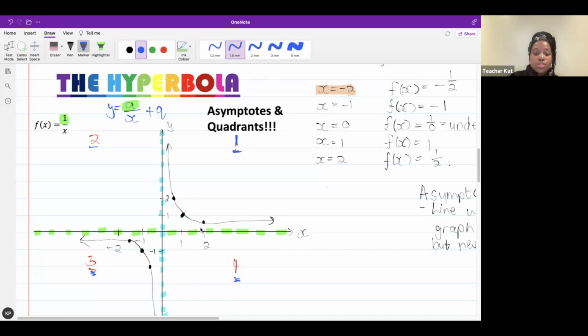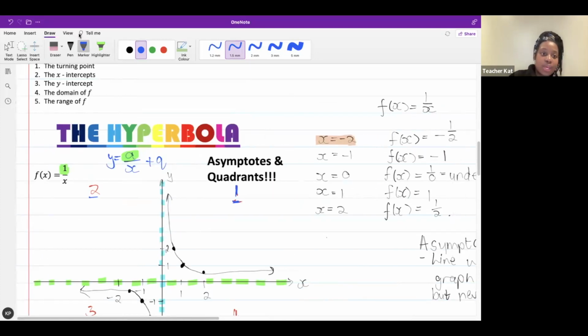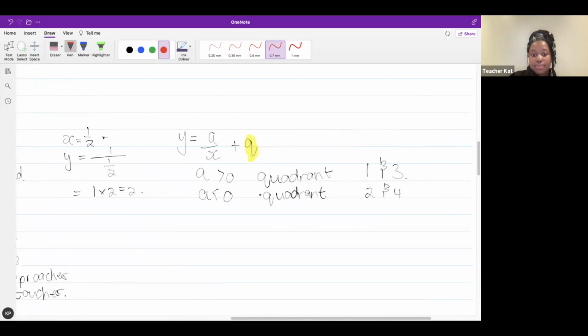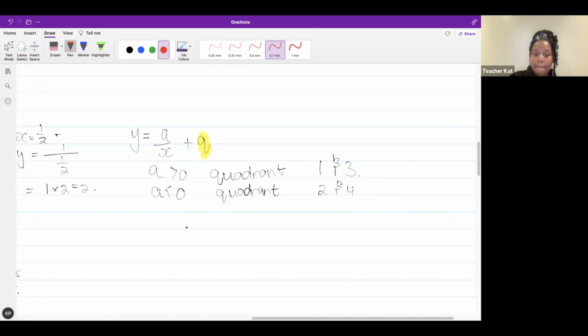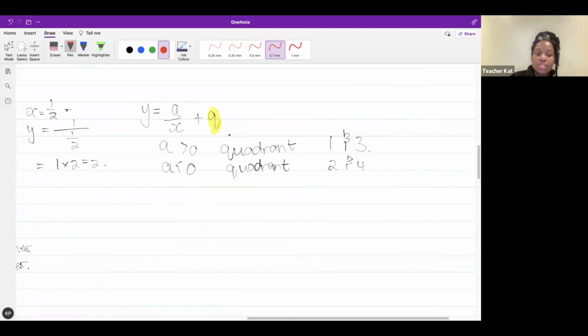So I am saying if a, or the number above your x, do you see here x is in my denominator? If a, this guy, is positive, maybe a greater than 0 is what's confusing you guys. So let me just say if a is positive.